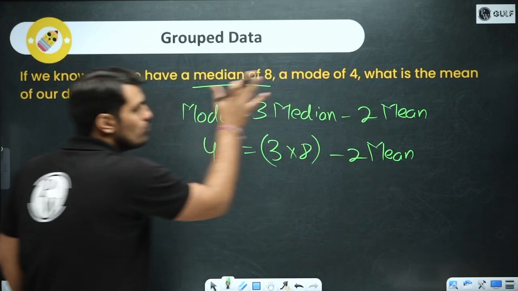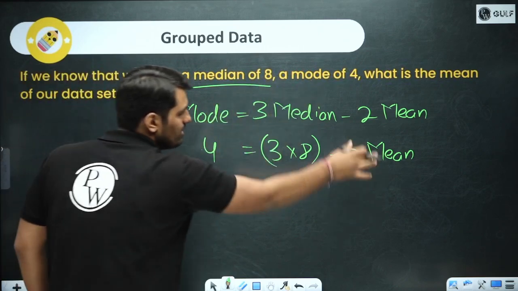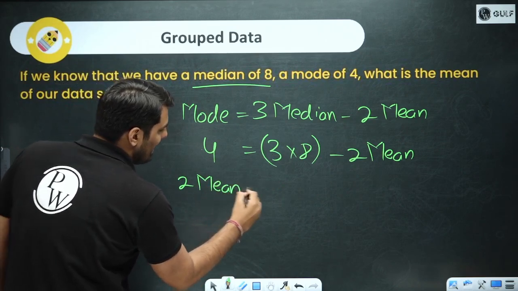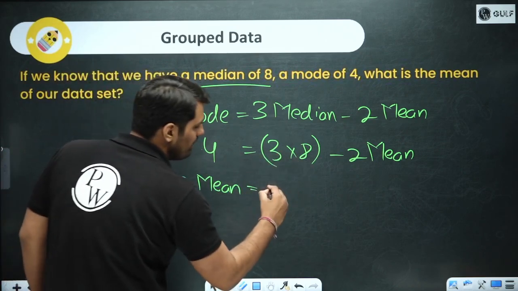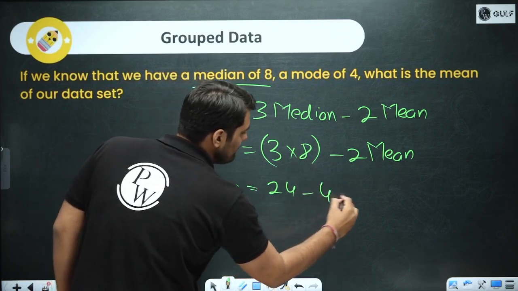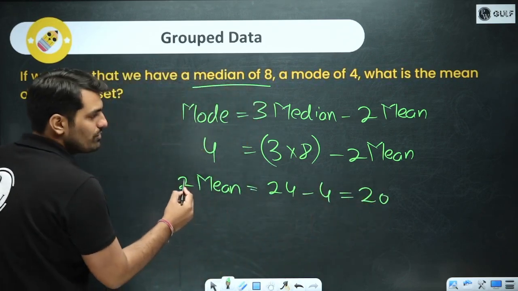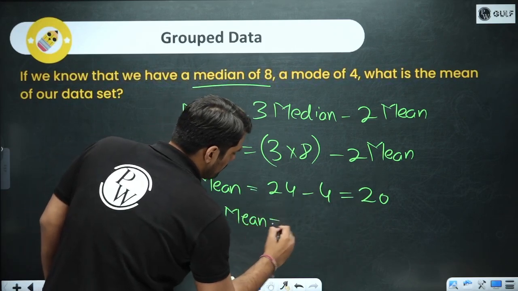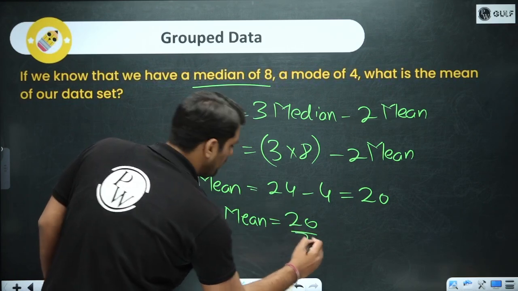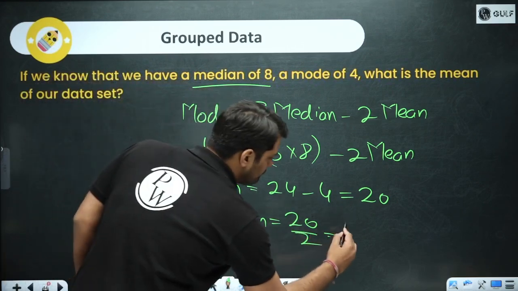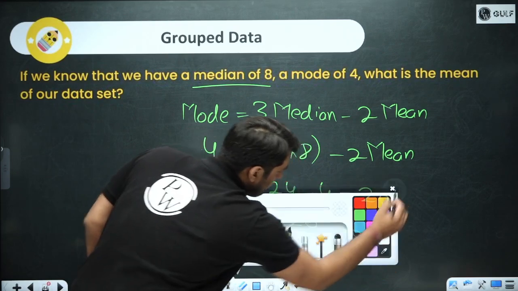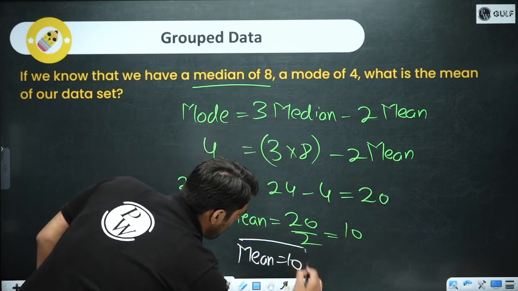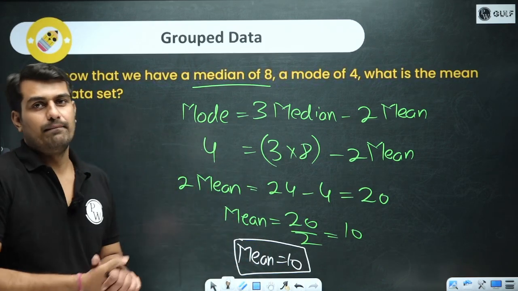If I transfer 2 times mean to this side and transfer the 4 to the other side, 2 times mean becomes positive and the 4 goes in the negative form. 3 into 8 is 24, minus 4, that means 20. And we have 2, so transferring it to the other side goes in the division. So the mean will be 20 divided by 2, that is 10. Mean is simply 10.